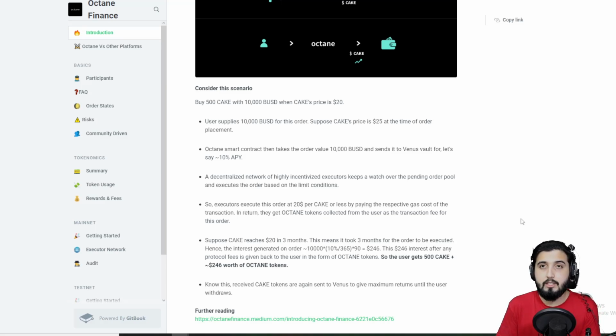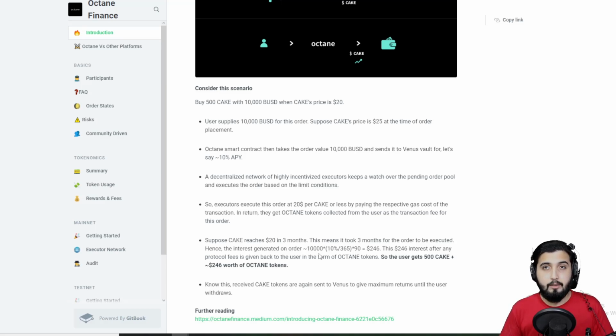If it takes 3 months for the price to drop from $25 to $20, and that's when you buy, you make a profit with a certain amount of interest. The amount that you provided, in this case $10,000, is not just locked and stuck there, but you're making a reward out of it.